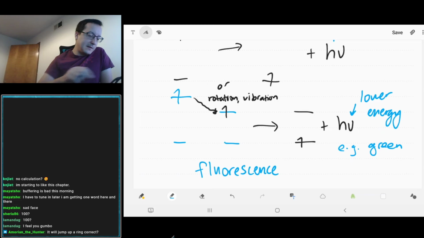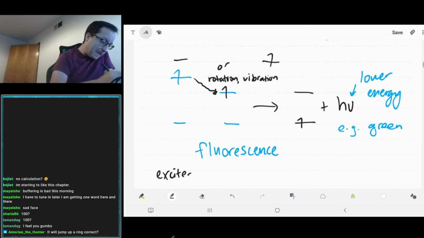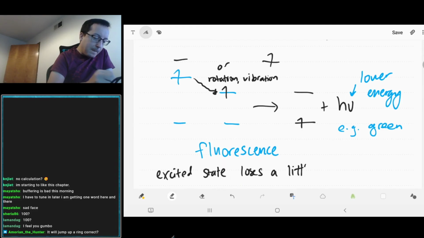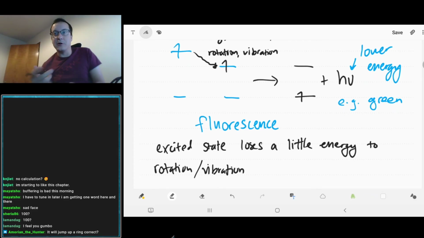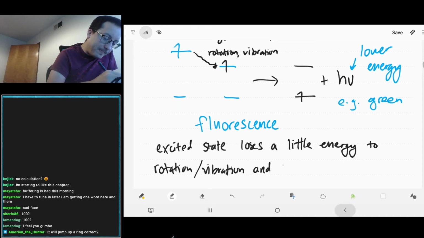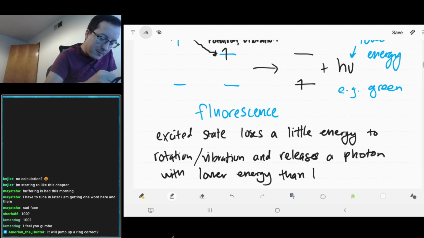So that's what happens when an excited atom loses a little energy to rotation or vibration or whatever, some other way to use its energy up, and then releases a photon with lower energy than the absorbed photon.